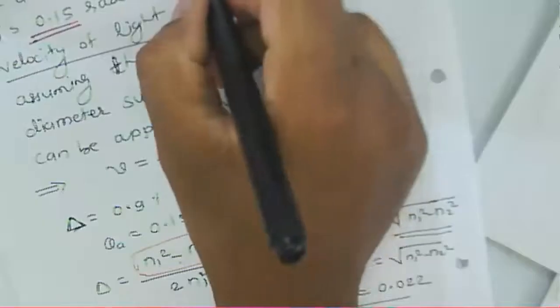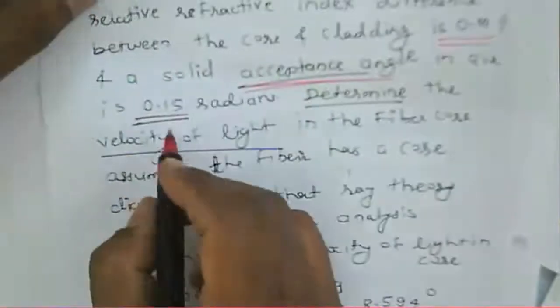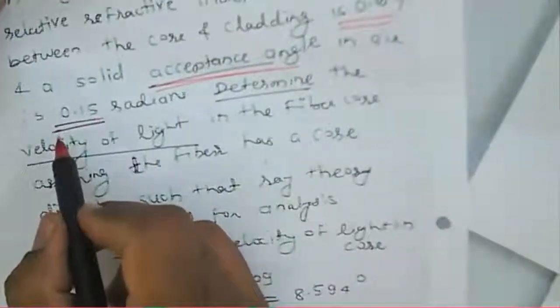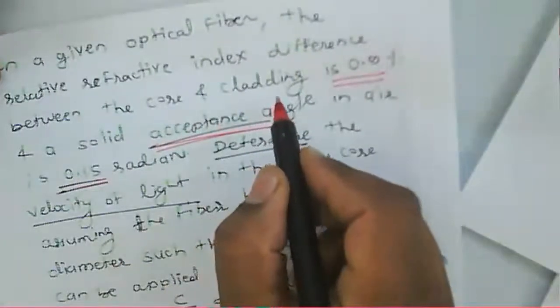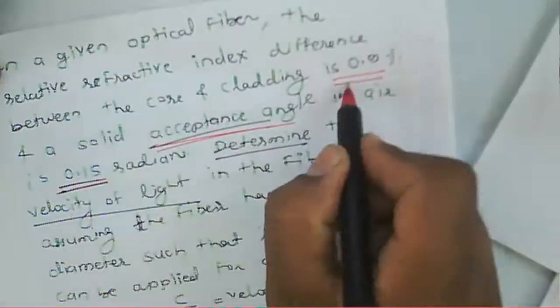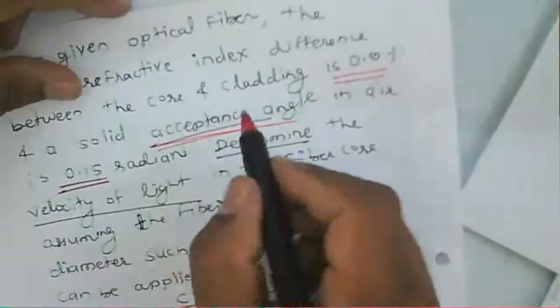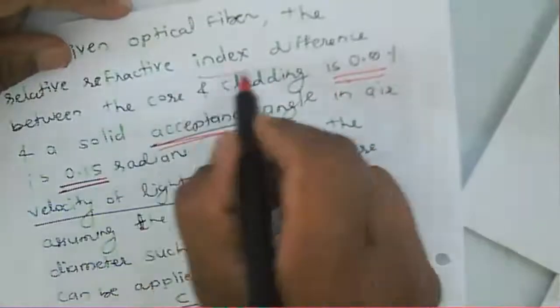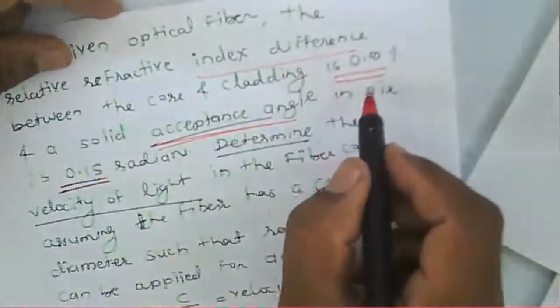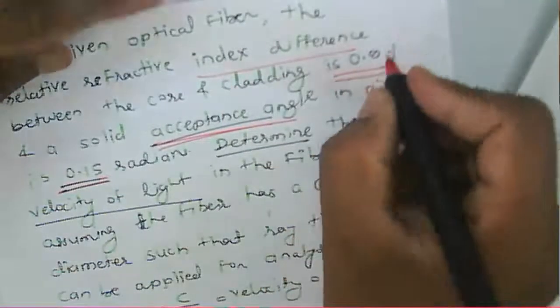The terms are the solid acceptance angle, which is about 0.15, and the other term is the index difference of core and cladding, which is given as 0.09.